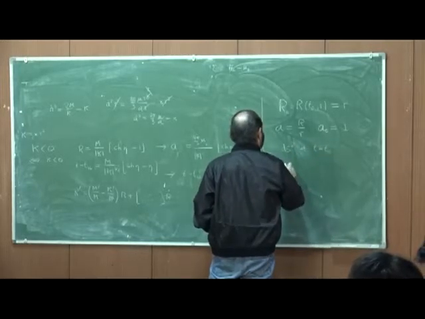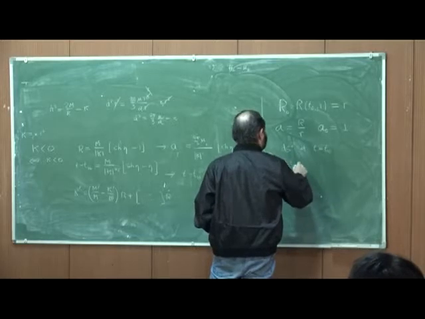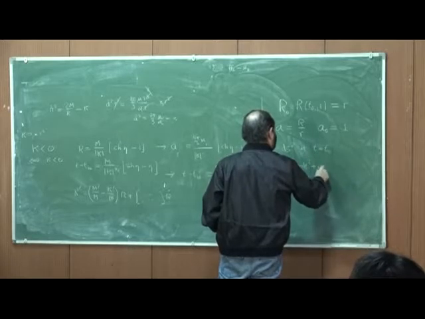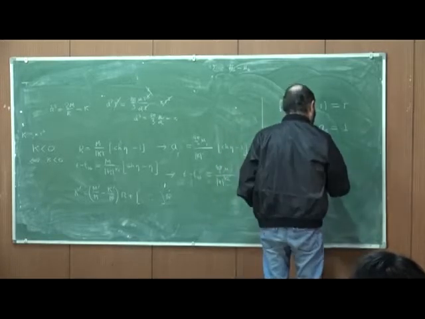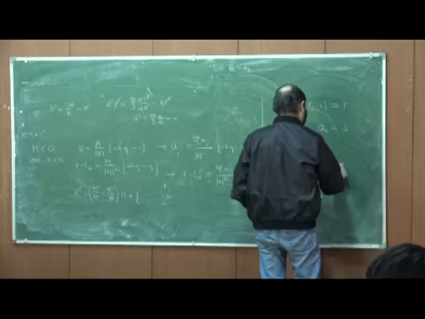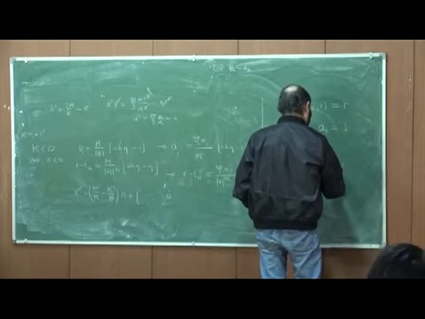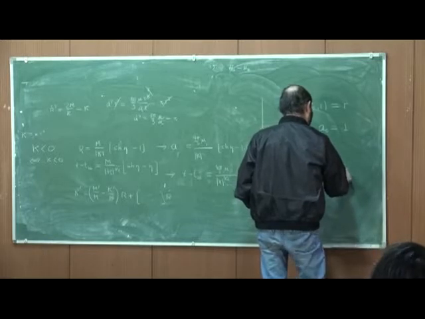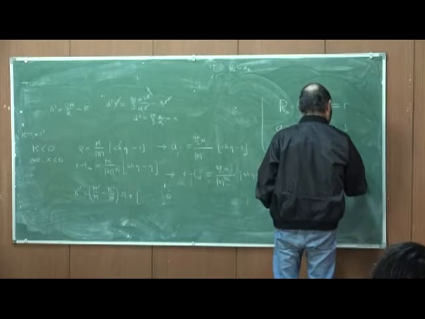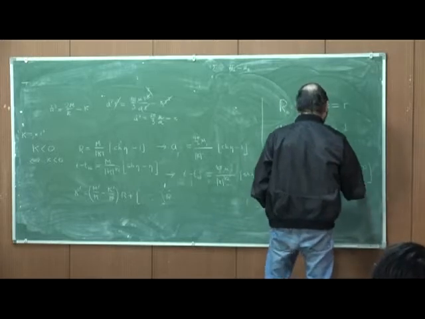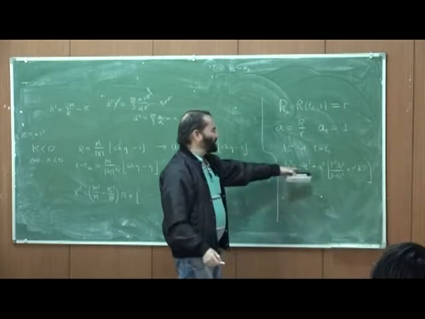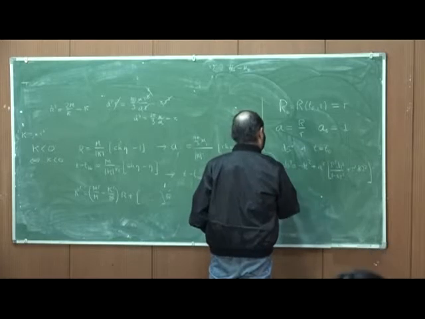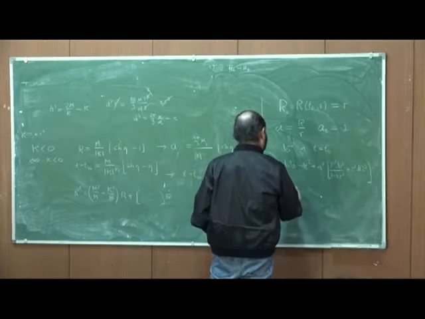The metric in general is ds squared equals minus dt squared plus a squared times gamma squared dr squared over 1 minus kappa r squared, plus r squared, then the angular part. This is the metric. So at t0, dt is 0, right? So let's call this metric 0.